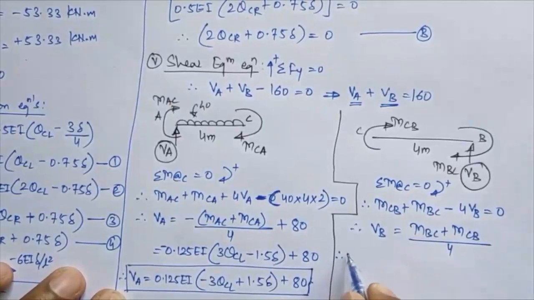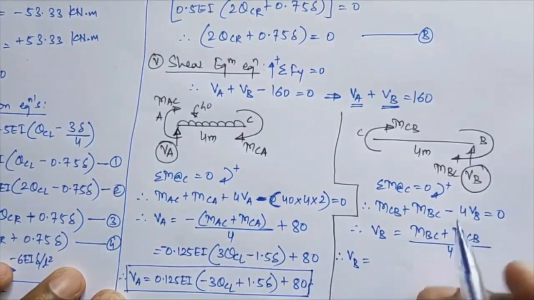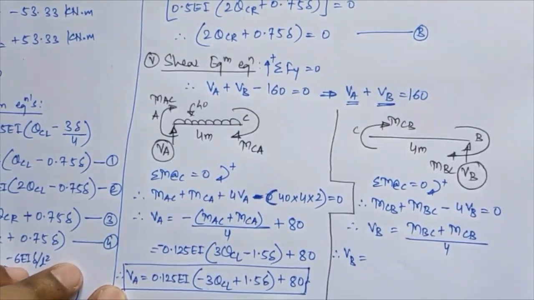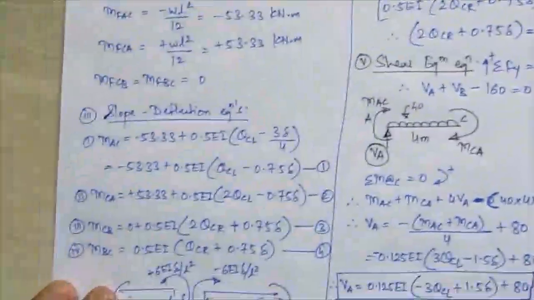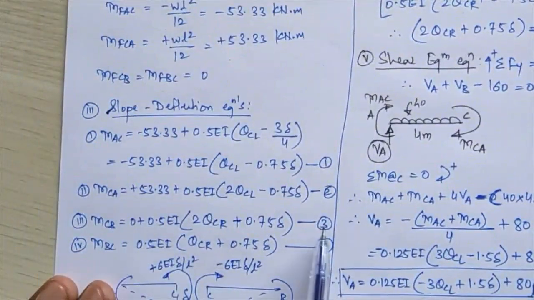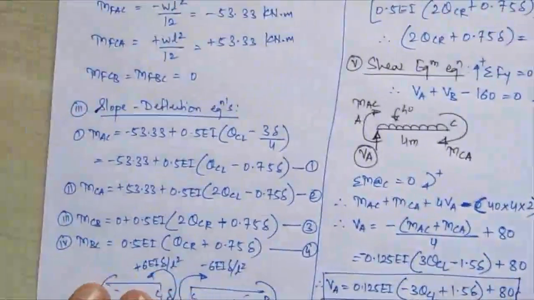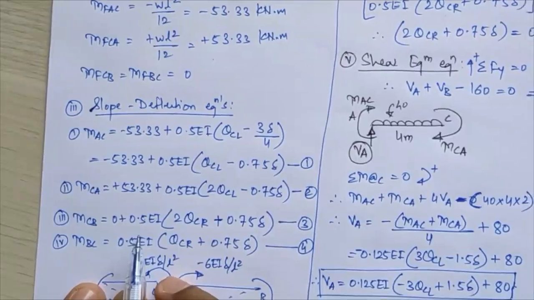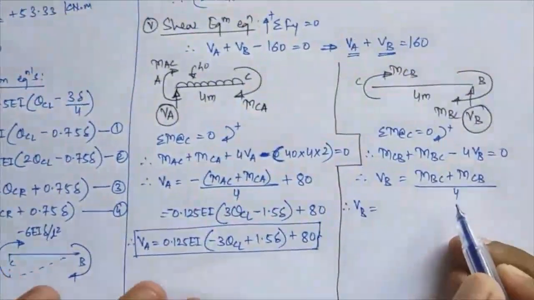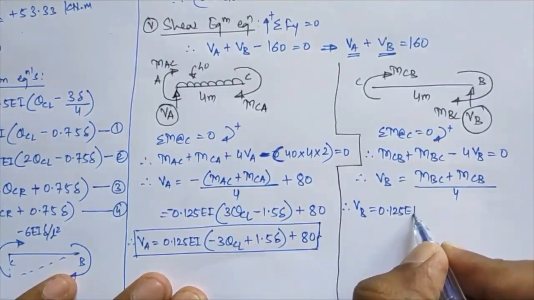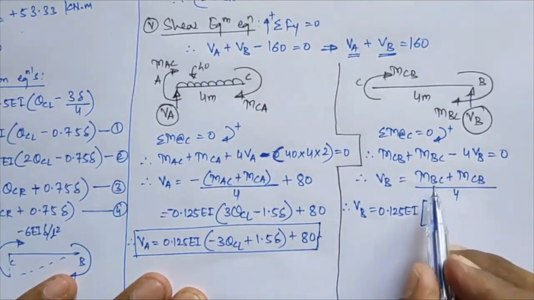Okay, so for VB, now I have to add the equations of BC and CB. That means you have to add the 3rd equation and the 4th equation. So again from the 3rd and 4th equations you have 0.5 EI common, so 0.5 divided by 4, I get again 0.125 of EI into bracket BC and CB.